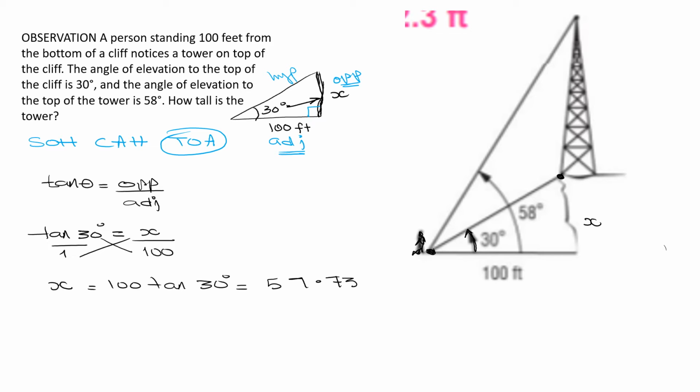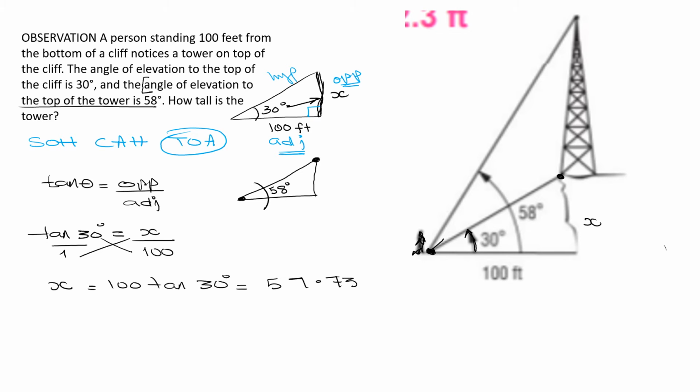Now read the second part of the question. They are saying that the angle of elevation to the top of the tower from the man is 58 degrees. So if I say that here is the man standing and this is the top of the tower, from here till here, the angle made is 58 degrees.